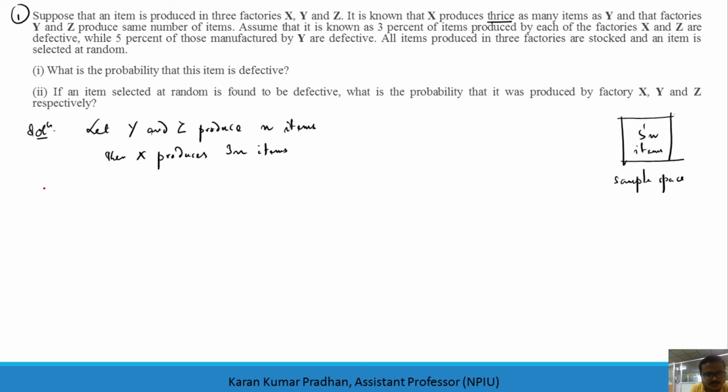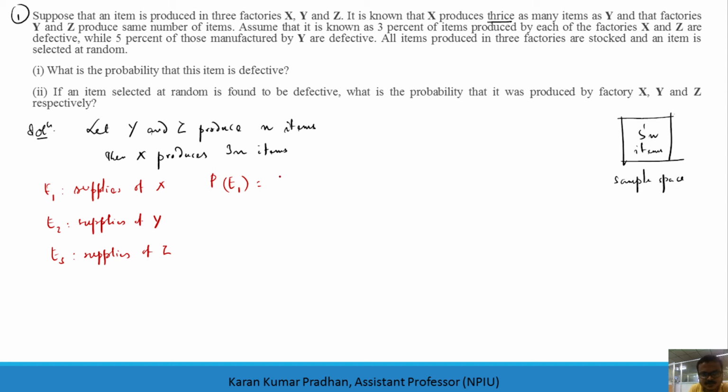Let us say E1 be the supplies of X, E2 be the supplies of Y, and E3 is the supplies of Z. So we have defined 3 events, and the probabilities related to this are the prior probabilities.